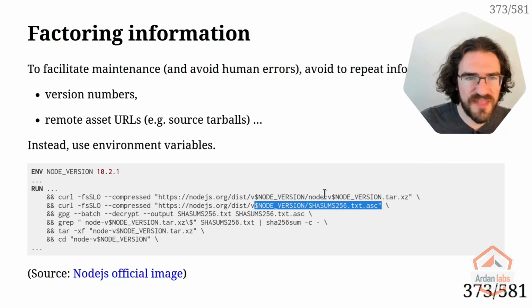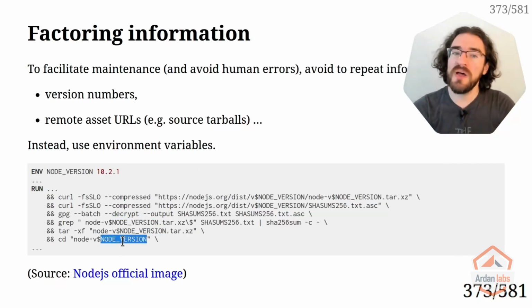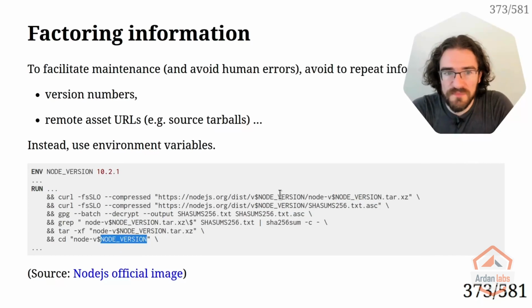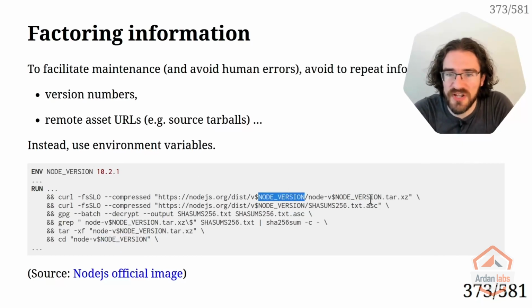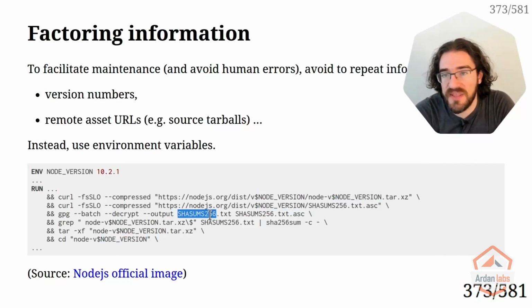If you look at that Docker file, we have the Node version like 1, 2, 3, 4, 5, 6 times. Option 1, I could just hard code 10.2.1 each time. And now when I need to upgrade my image, I would need to search and replace each time that the Node version appears.